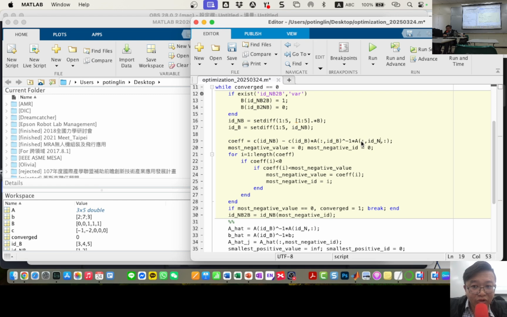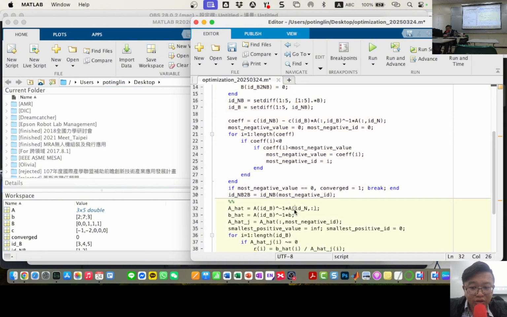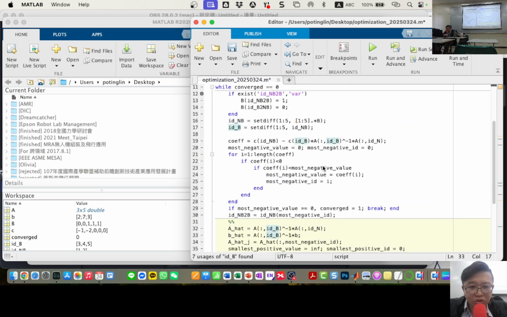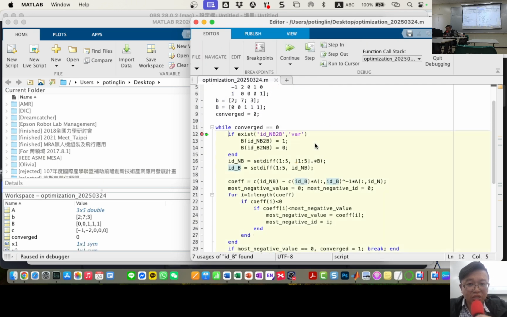So every time we call A, it's actually everything column and the IDs. So I made a mistake here. A, so it should be like this. Should be okay now. Okay, run.